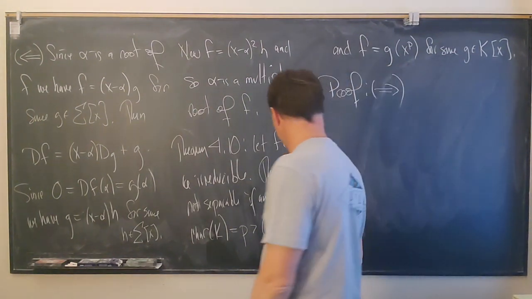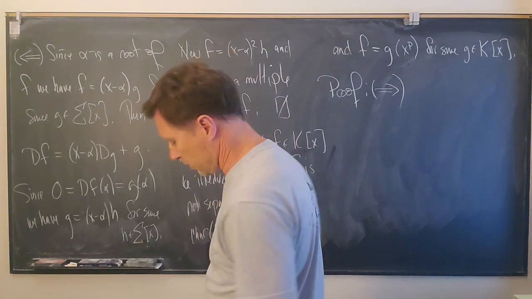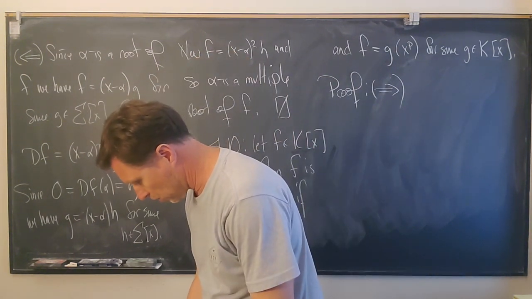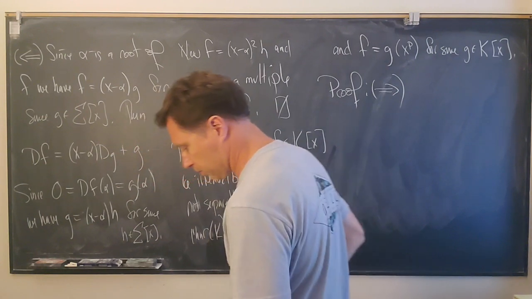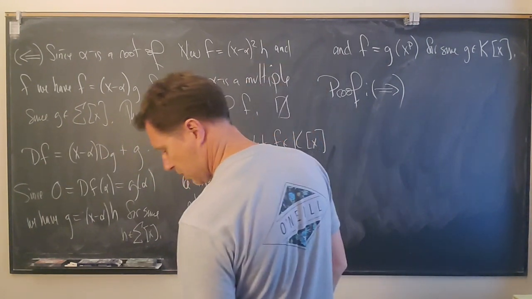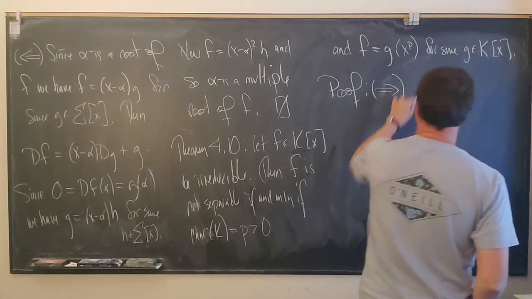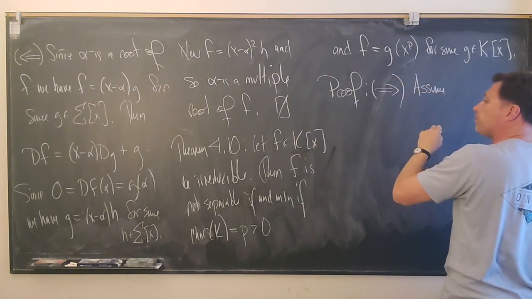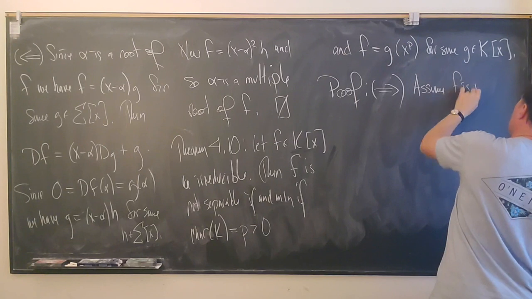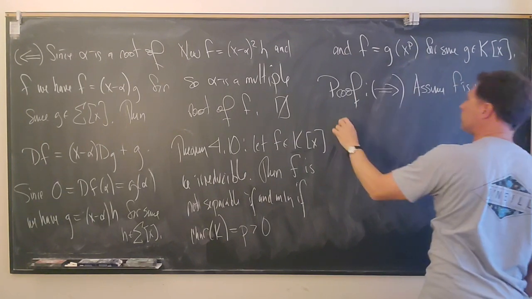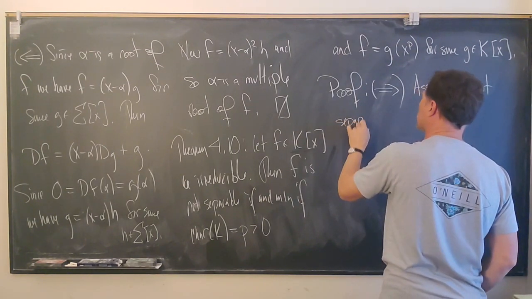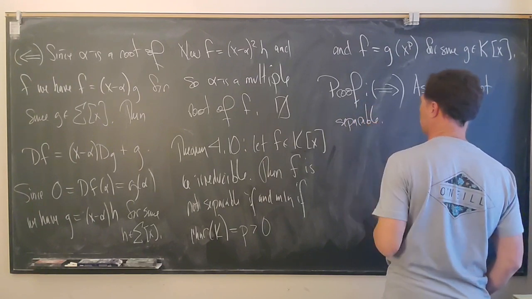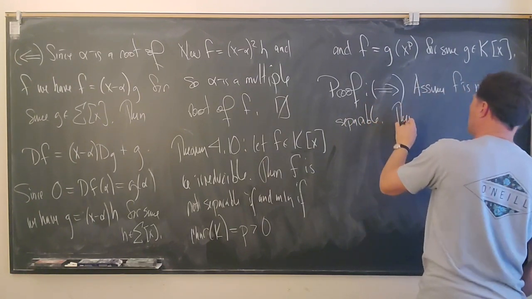Okay, so first we'll assume that we've got a non-separable polynomial. So let's assume f is not separable. Then what does that mean?